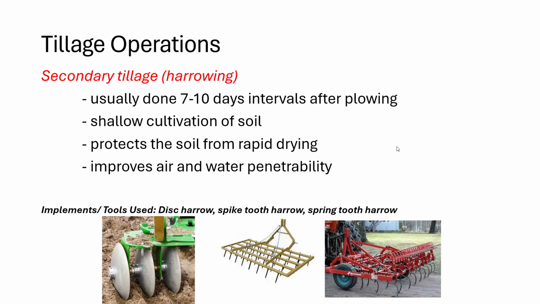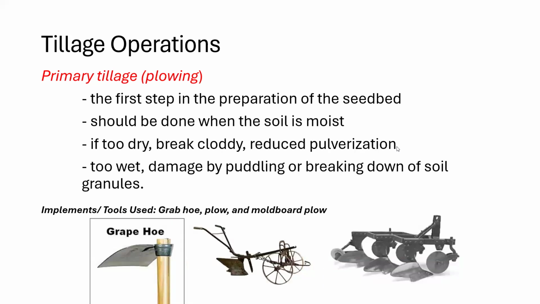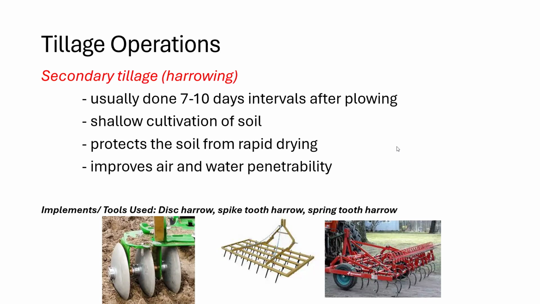Okay, so mga implements or tools that are used in harrowing, we have the disc harrow, spike tooth harrow, spring tooth harrow. Okay, so those are the two tillage operations that we perform in our tilling practices, the primary tillage or the plowing and the secondary tillage or the harrowing.